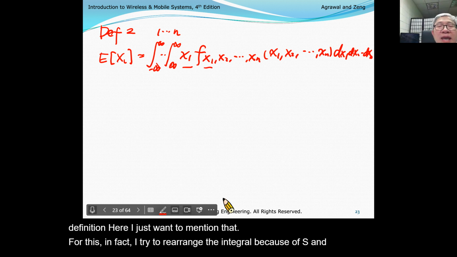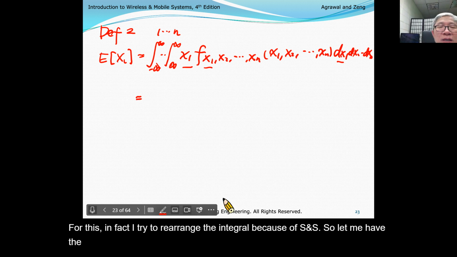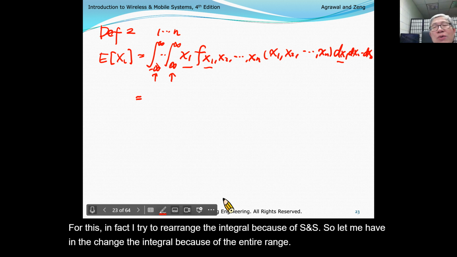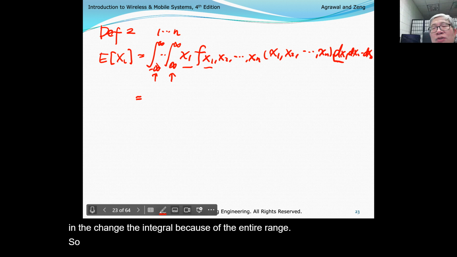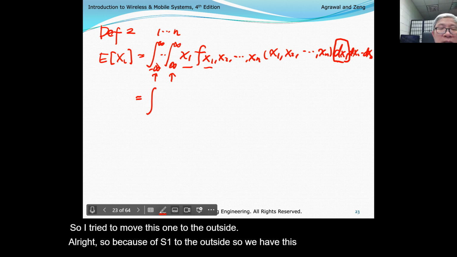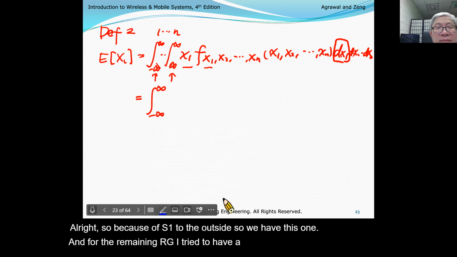So let me change the integral because of the entire range. So I try to move this one to the outside. Because x1 goes to the outside, we have this form. And for the remaining, I try to use a different color.